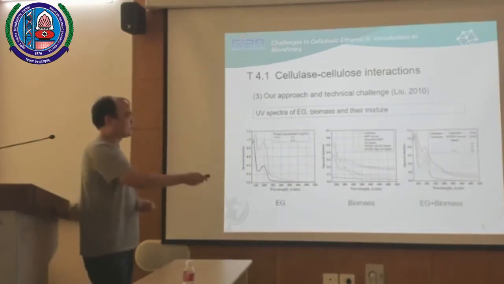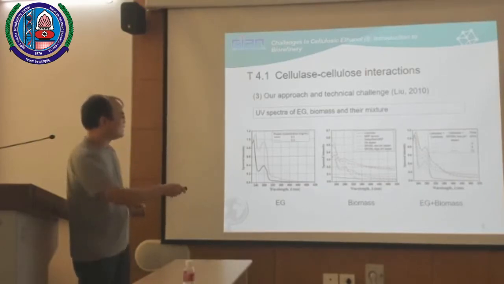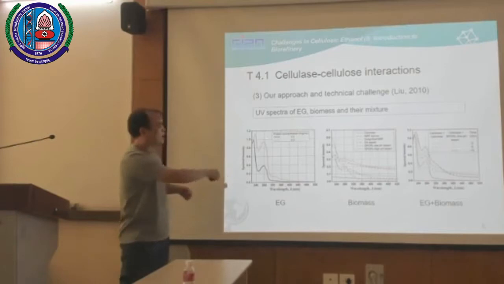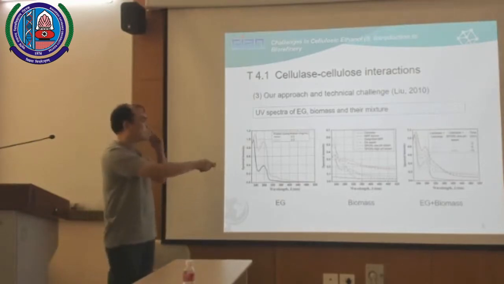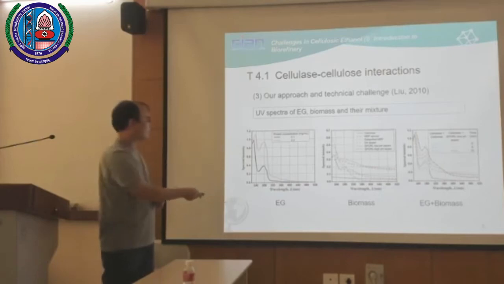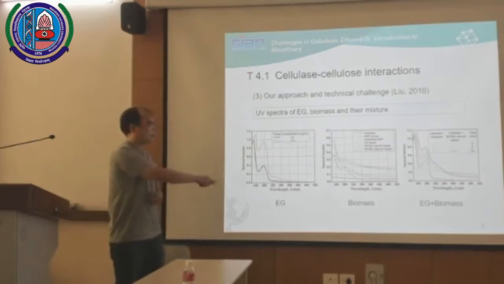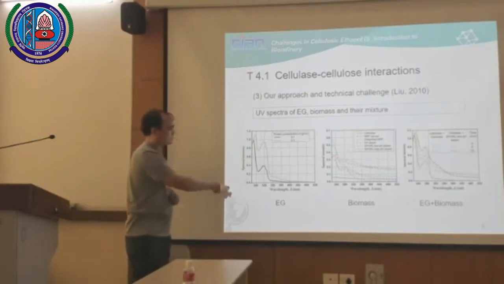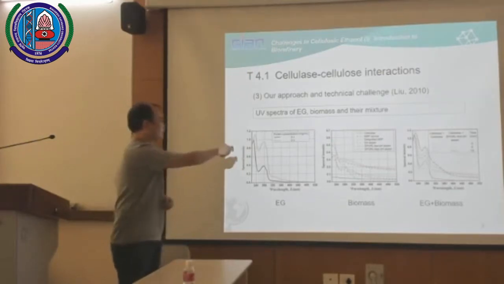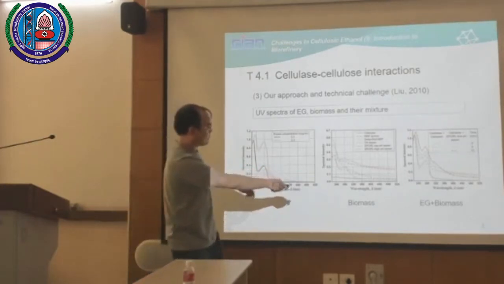And I provided some proof. This data proves that, okay, this is pure protein from Novozymes with EG, glucanase with CBM. It has a specific band, a peak at around 280 nanometer. But for biomass and cellulose, this is cellulose.